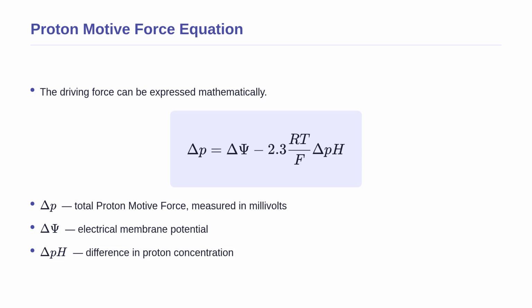R is the universal gas constant, T is absolute temperature, and F is the Faraday constant. Finally, delta pH represents the difference in proton concentration. Physically, if either the charge difference or the concentration difference increases, the total driving force pushing protons through the enzyme increases.